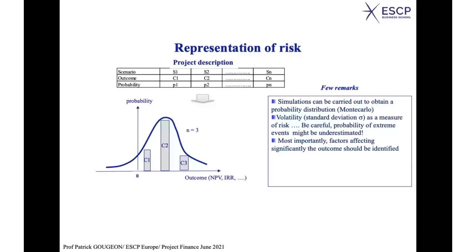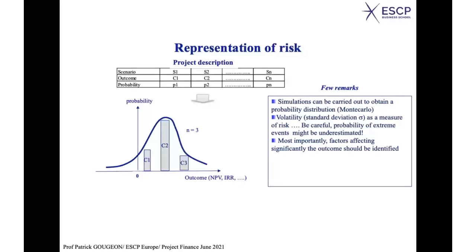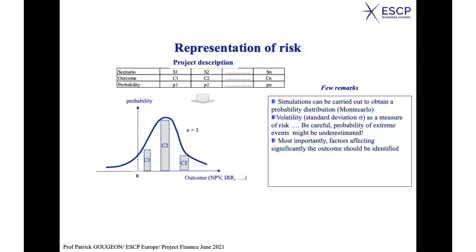Indeed, if you can show that one parameter, let's say the foreign exchange rate, has a strong influence on the final outcome, then what does it mean? It means that either you need to have a good prevision of the foreign exchange rate, and if you cannot, if you are really exposed to the volatility of this exchange rate, try to find a way to hedge that risk, because that risk would be very important and would have a strong influence on your outcome.